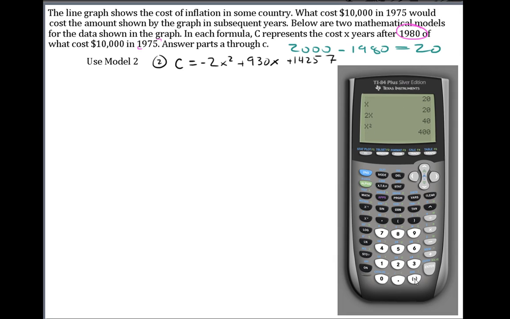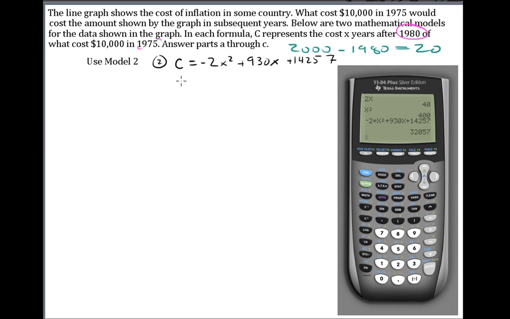Great. So let's take negative 2 times x squared plus 930x plus 14257. These very arbitrary looking numbers. And we get the cost to be $32,057.